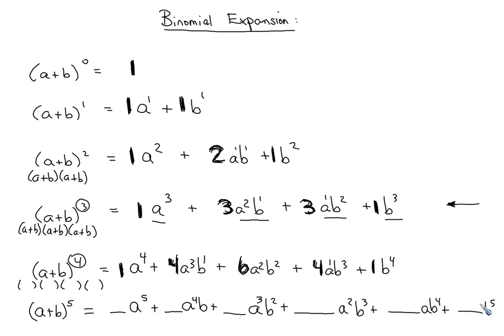So what do you think is going to go here then? That's exactly right, guys. That's where you get the coefficients from. It comes from Pascal's triangle. If you want a plus b to the fifth power, the coefficients are going to come from row 5 of Pascal's triangle.